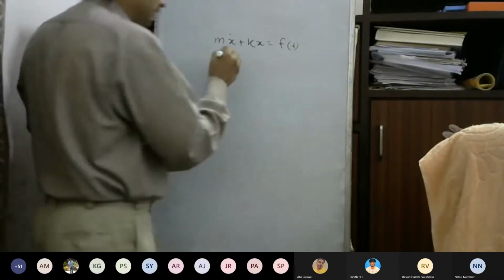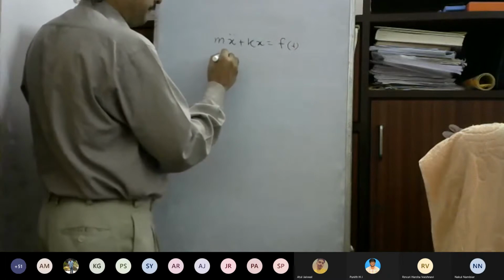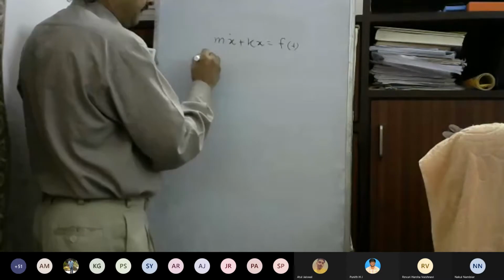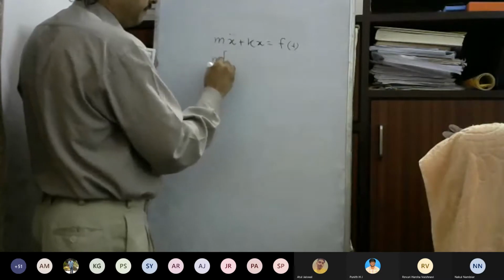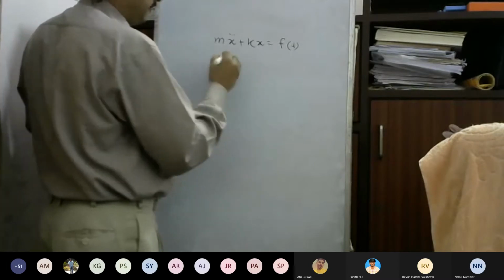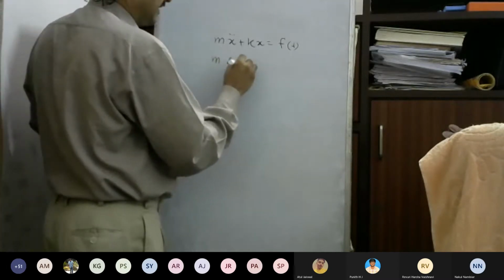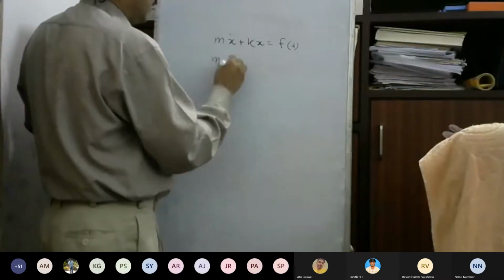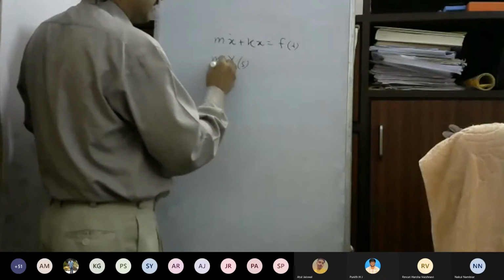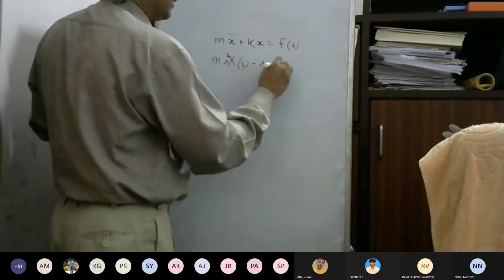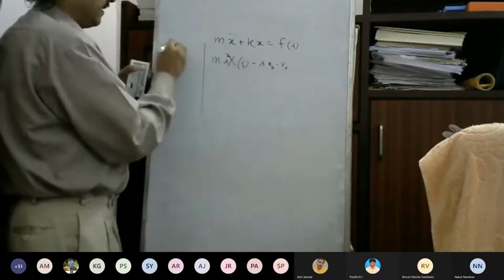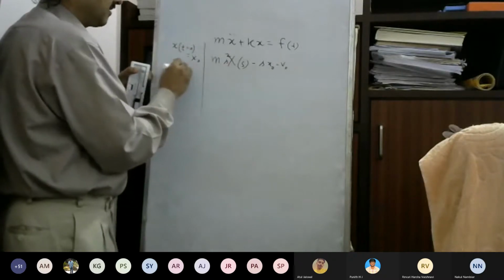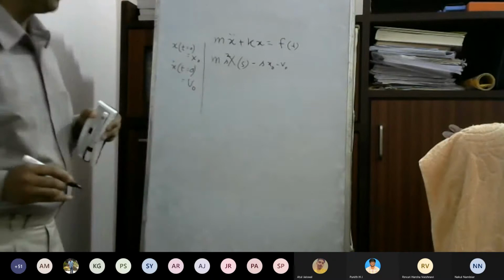If I take the Laplace transform, this will be m times (X(s) s square minus s x0 minus v0), where the initial conditions are x at t equal to 0 is x0, and x dot at t equal to 0, I name this as v0, the initial velocity.